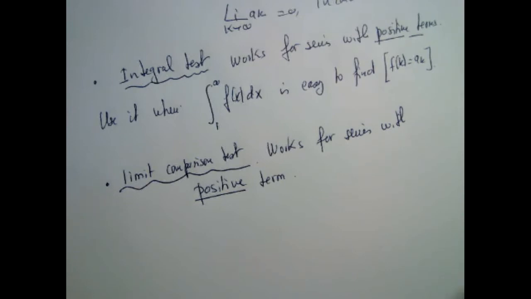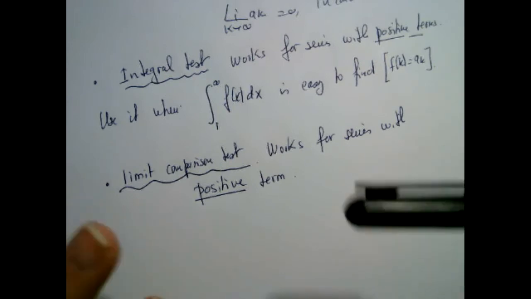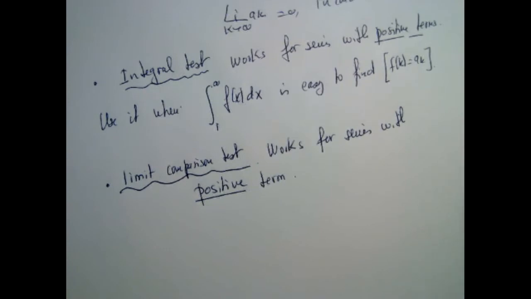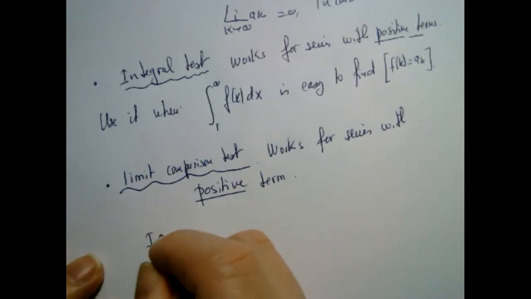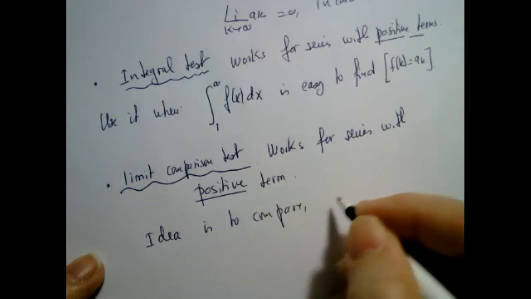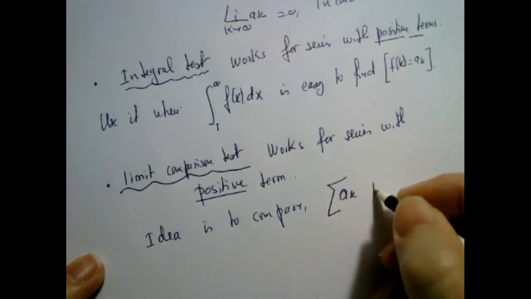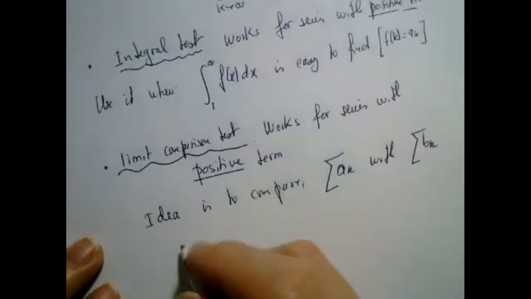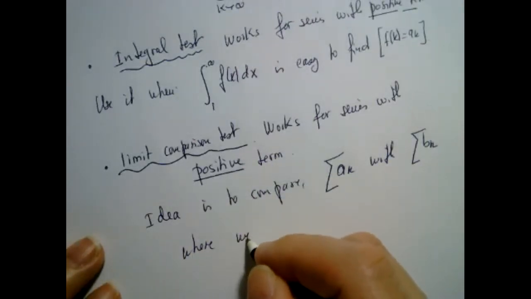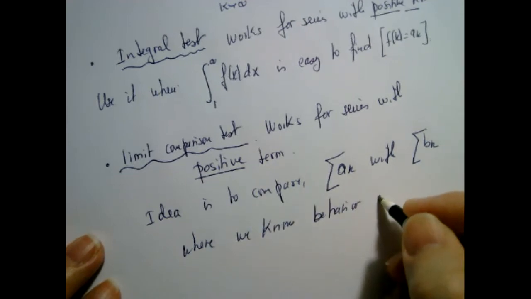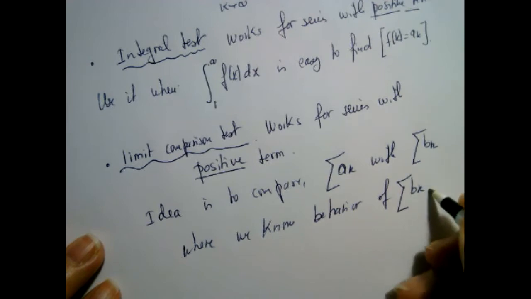So we always compare with either a p-series or a geometric series because those are the only ones we know their behavior. But when is it a good idea to use the limit comparison test? Here the idea is to compare sigma a_k with another series, sigma b_k, where we know the behavior of sigma b_k. So we compare it to something we know.